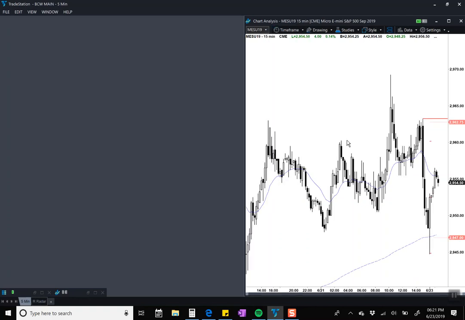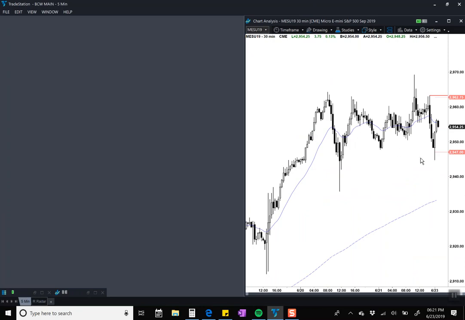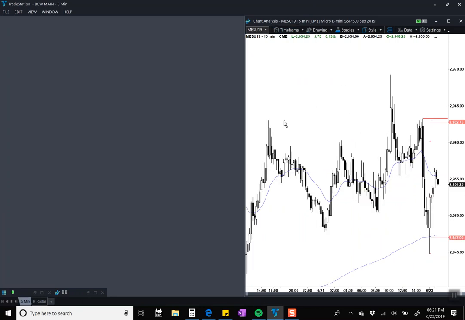It may take a few hours to see what I want it to do. So I'm perfectly fine with looking at a 15-minute chart. I could even, if I want, look at a 30-minute chart, okay? And I might just do that. But I like 15-minute charts. Either 5 or 15-minute charts, mostly 5 minutes.